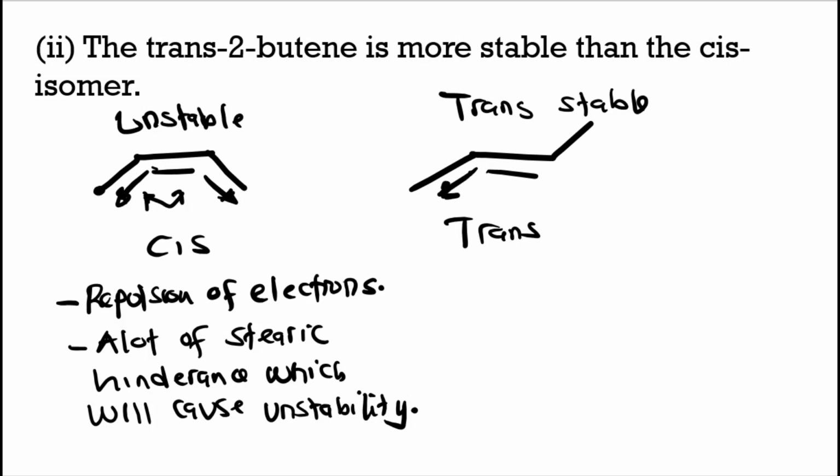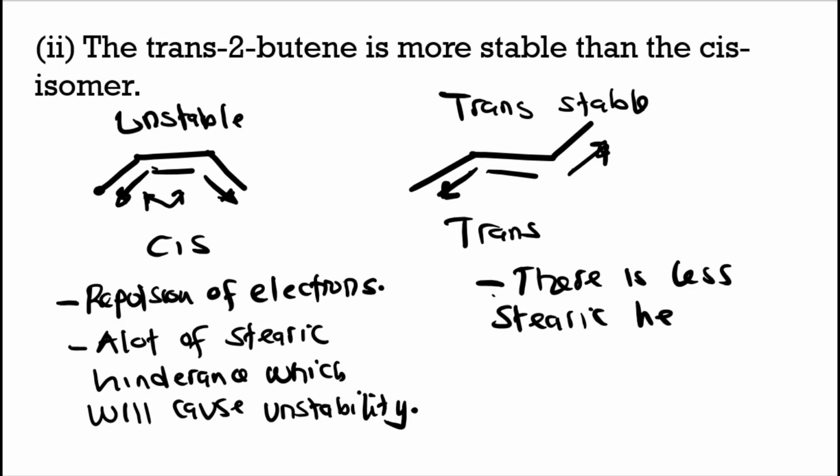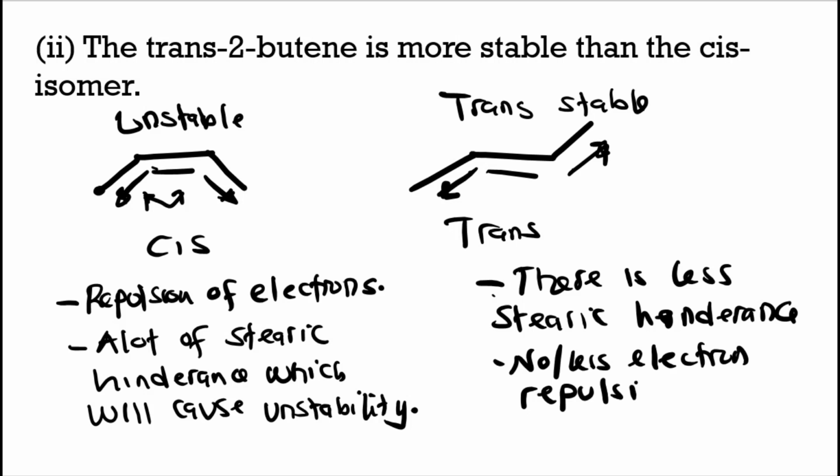The electrons here are going this side and the electrons are going this side. So there is less steric hindrance, no or less electron repulsion. Hence, it is stable. So that's why the trans configuration is more stable than the cis configuration.